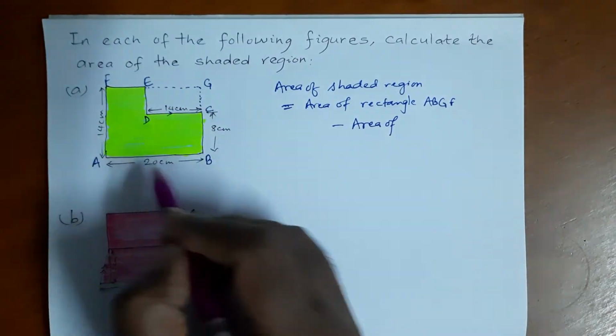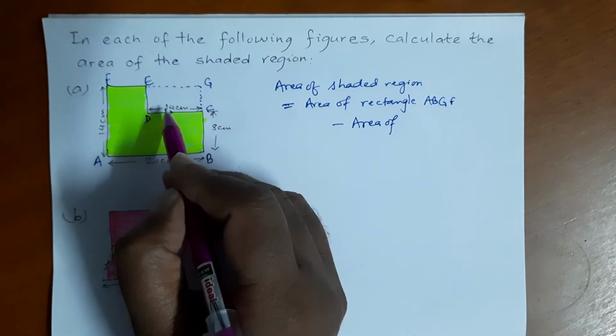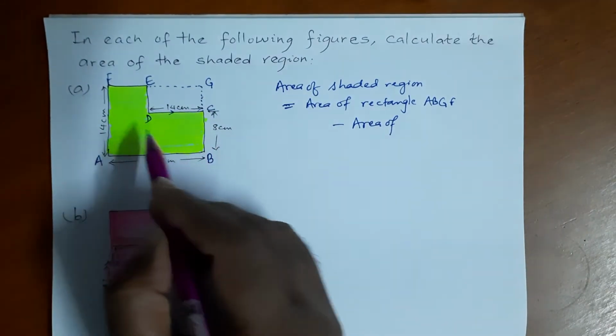From the whole rectangle, if you subtract the area of the unshaded rectangle, then we will get the area of the shaded part.